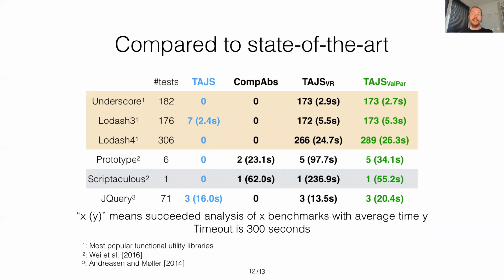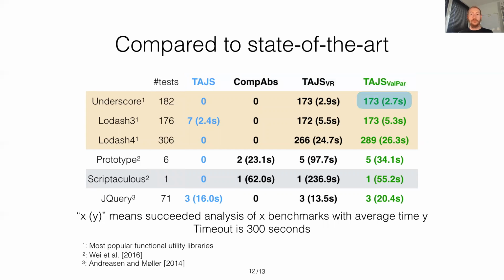We have evaluated TIES-valpar on 6 benchmark groups that consist of libraries, and each benchmark is a small program that uses that specific library. The first column lists which libraries we use, and the second column shows the number of benchmarks for that library. We compare our results to 3 other analyzers: TIES, which is the analysis we have extended, CompApps, which is the technique using state partitioning, and TIES-VR, which is the analysis that extends TIES with demand-driven value refinement.